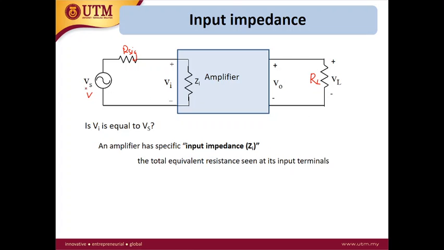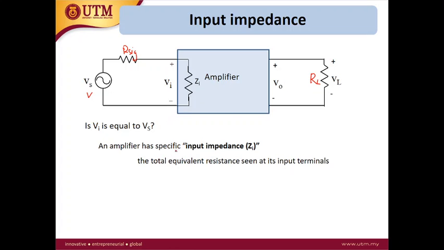If we supply Vs, we define the input voltage at the amplifier as Vi. The question to consider is whether Vi is equal to Vs. If we apply a sine wave with a peak voltage of 10 volts, is the voltage at the input the same signal?